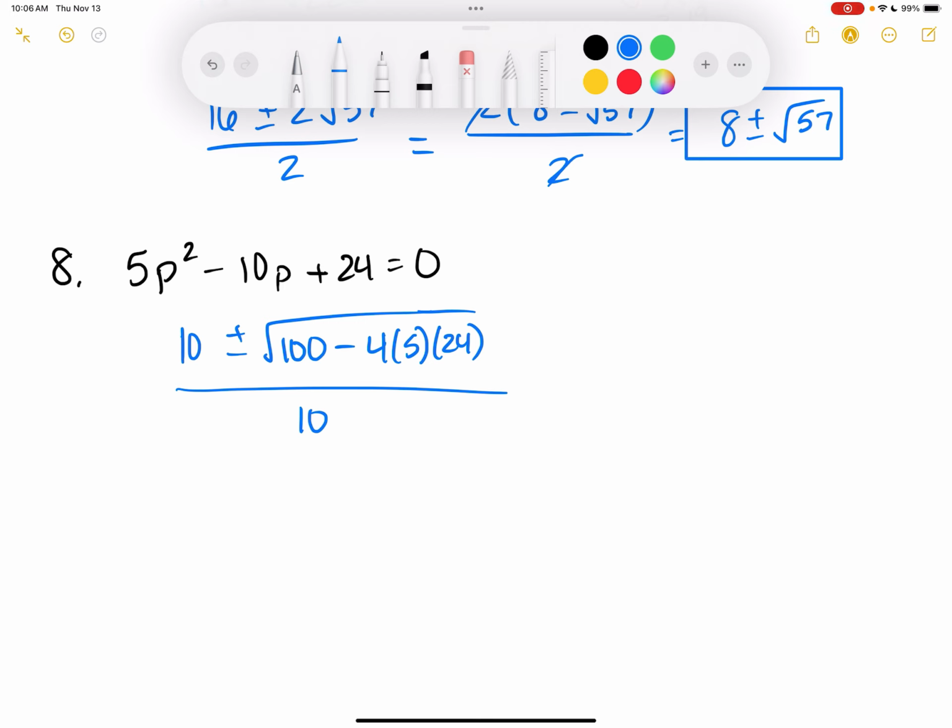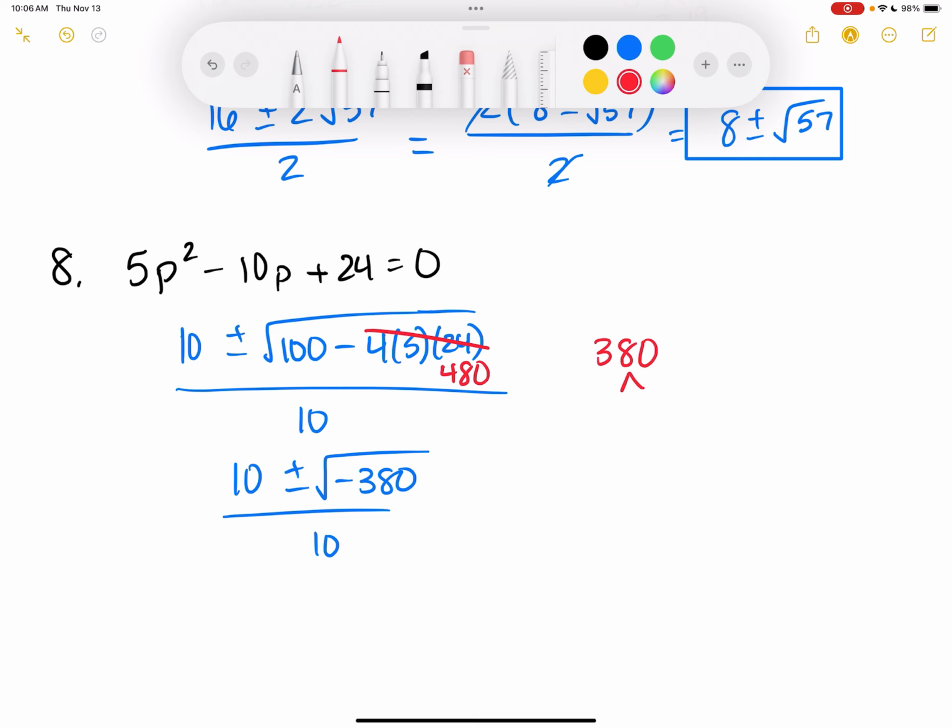I'm just going to cross it out again so I don't have to do that. So now I have 10 plus or minus the square root of negative 380 over 10. We're going to break down 380. 38 and 10.